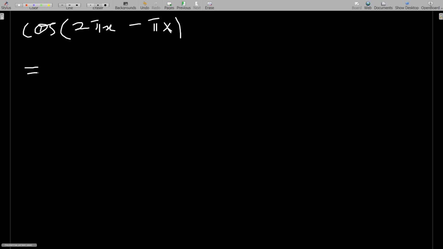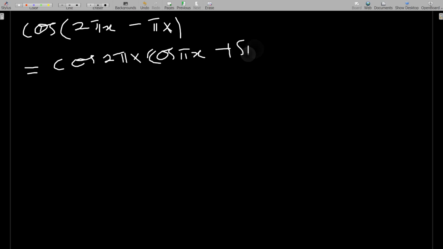This is equal to, if I'm to expand using the double angle formula, then this will give me cos of 2 pi x, cos of pi x, then plus sine of 2 pi x sine of pi x.